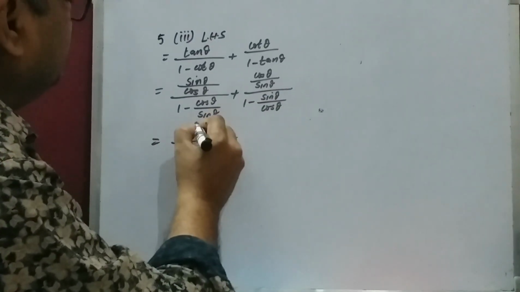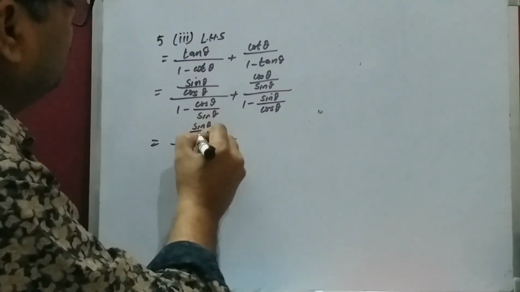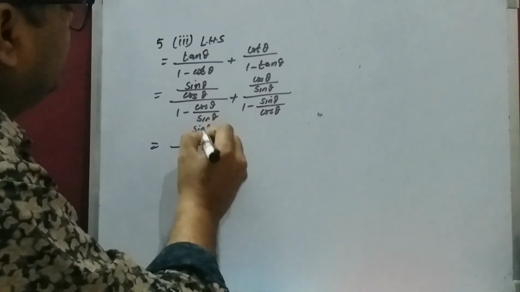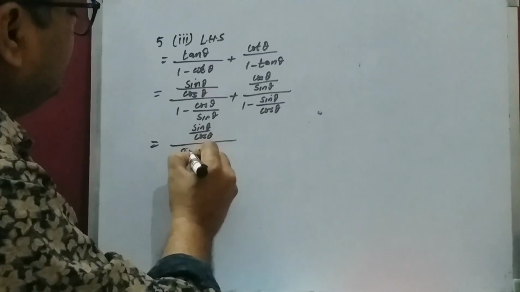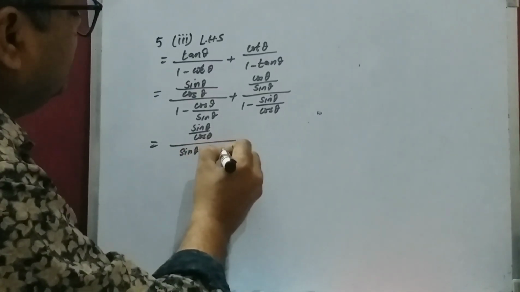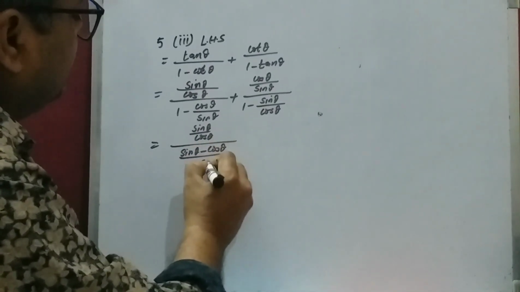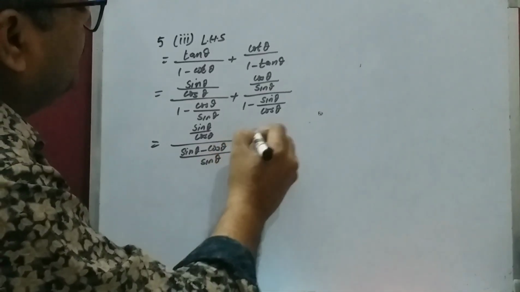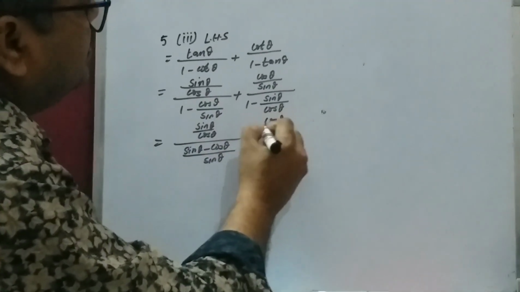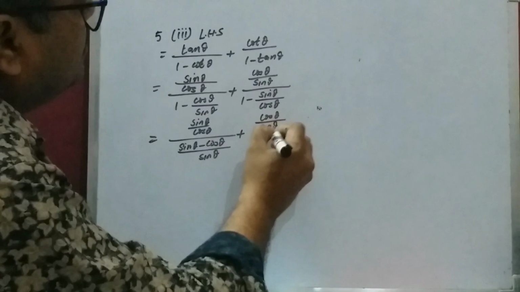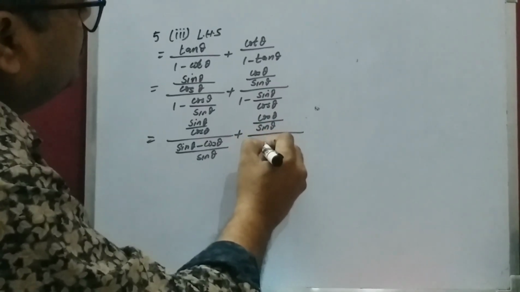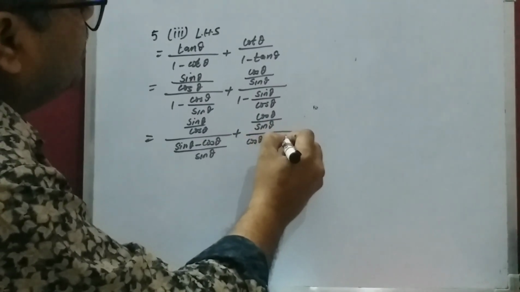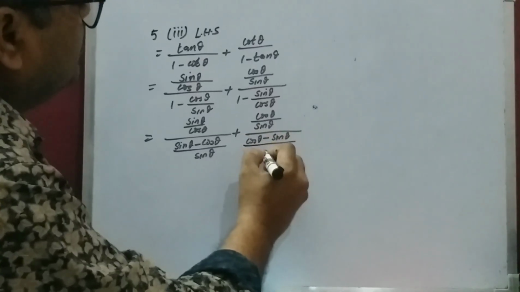This is sine theta by cos theta and sine theta minus cos theta by sine theta, and this is cos theta minus sine theta by cos theta.